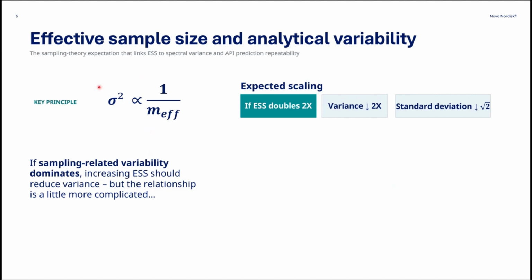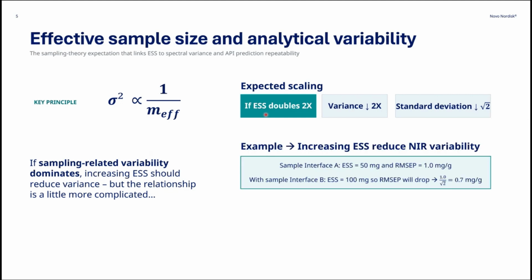This is a very simplistic way of looking at that relationship. So what we can expect is that when we double the effective sample size, the variance will go down by a factor of 2 and the standard deviation by a factor of square root 2.